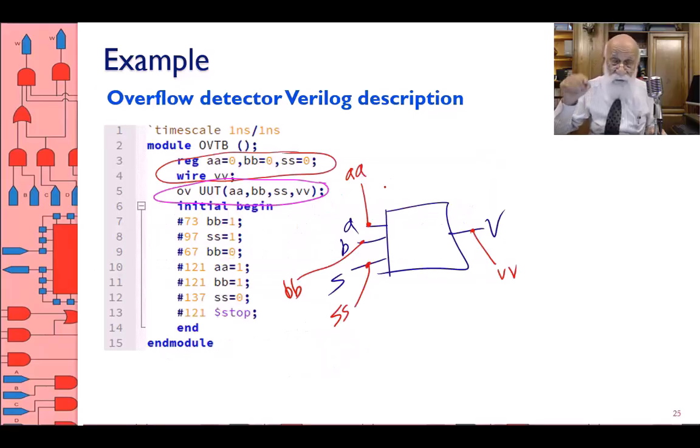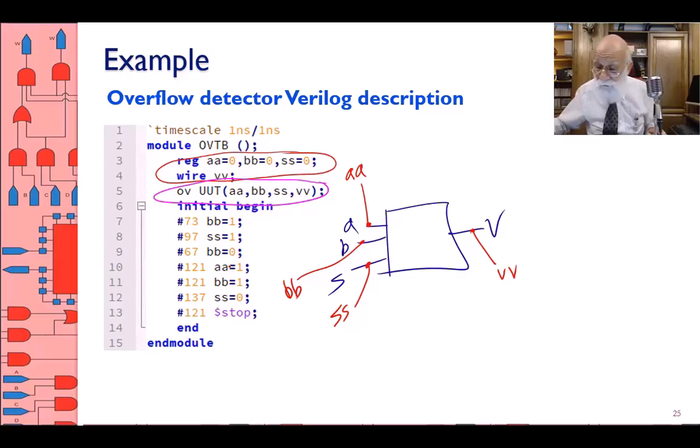I instantiate it, and then in that same order, I connect the AA, BB, SS, VV to the ports of that. So AA, which is declared here, the red one, connects to the first port, becomes A, BB to the second port, SS to the third port, and so on. This is done. This is the second part of the test bench.